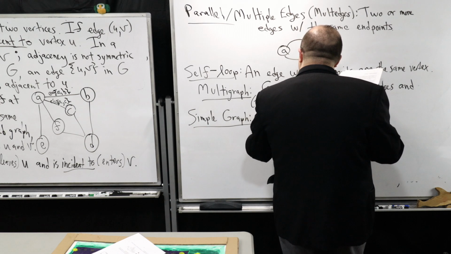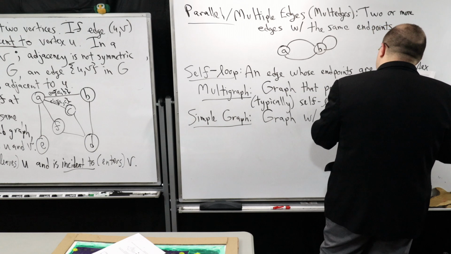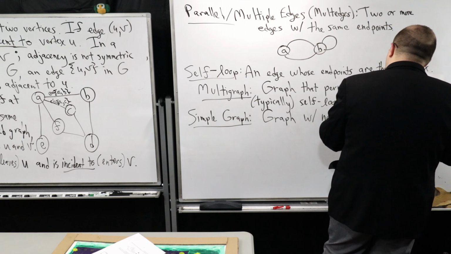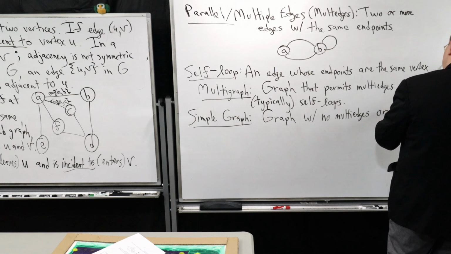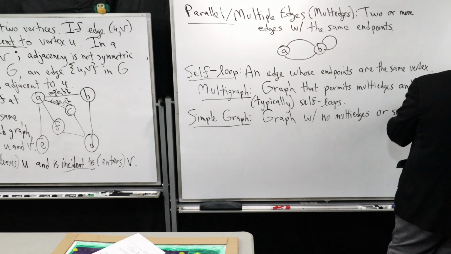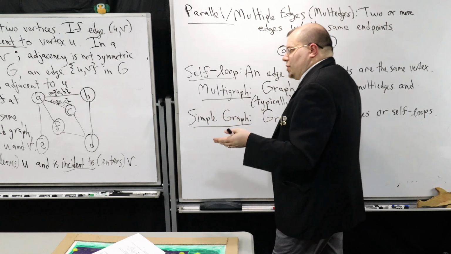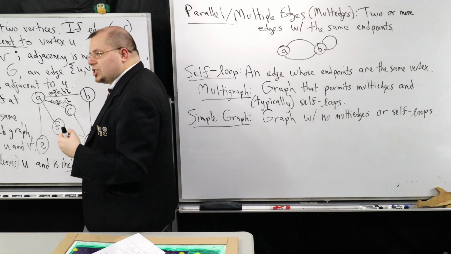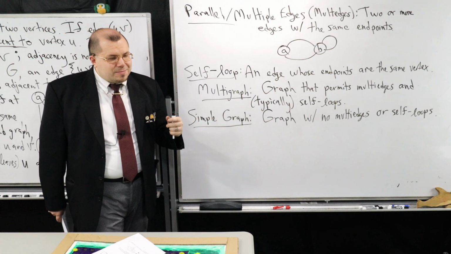So this is just simply a graph with no multi-edges or self-loops. That means that if I give you any two vertices in this graph, if there's an edge, there's only one edge that shares those two common endpoints.